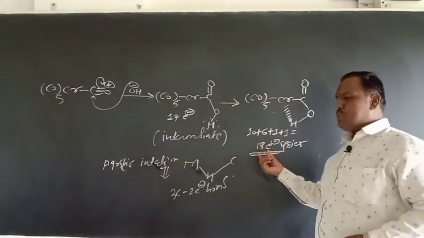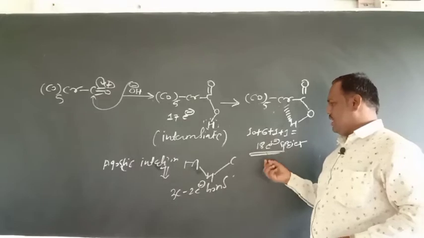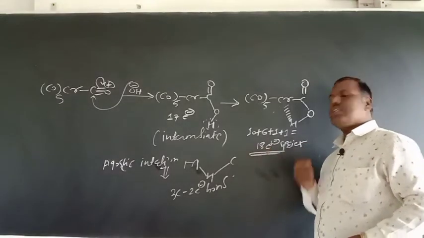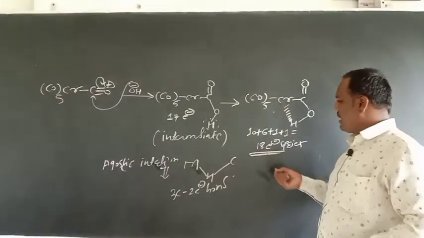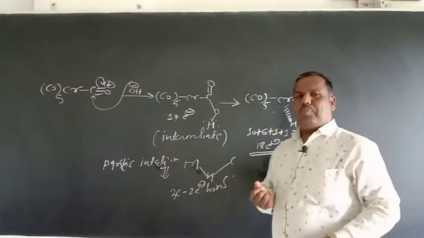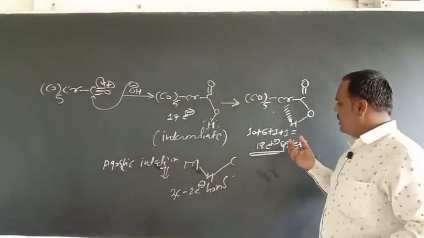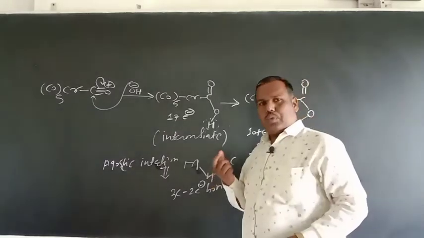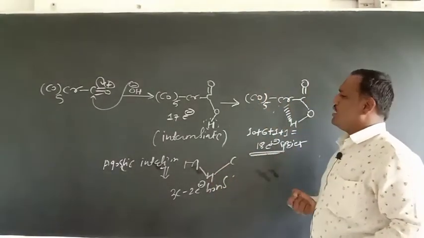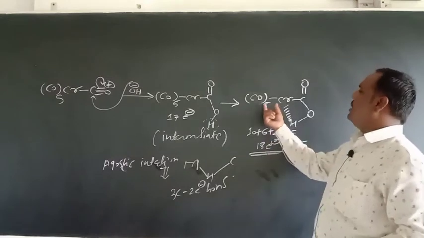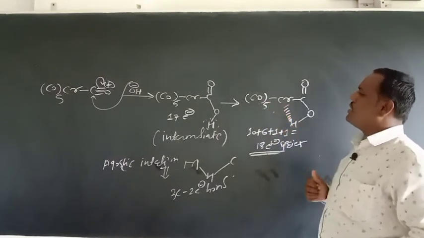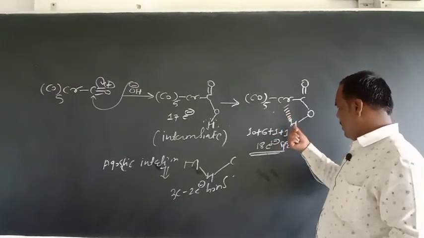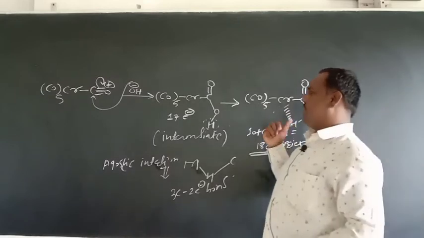Any complex tries to achieve the 18 electron configuration for its stability, and therefore this metal atom will show agostic interaction with this acidic proton which is attached to the oxygen.